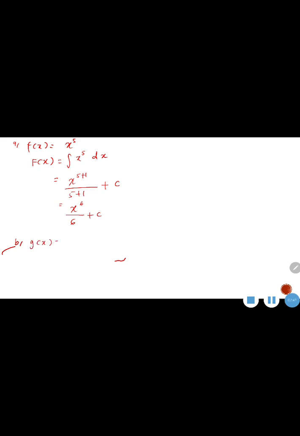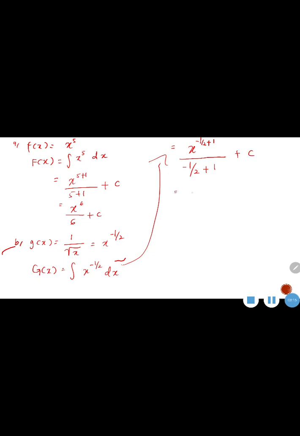The second question, g(x), is 1 over the cube root of x, which can be represented like this. You want to find capital G(x): x to the power of minus a third plus 1, over minus a third plus 1, plus c.